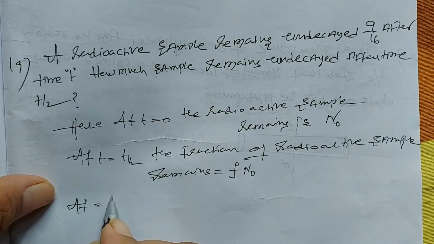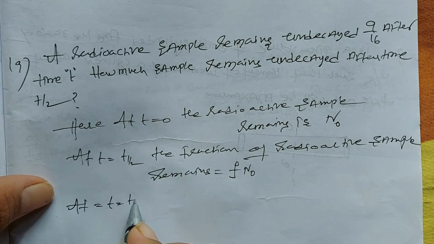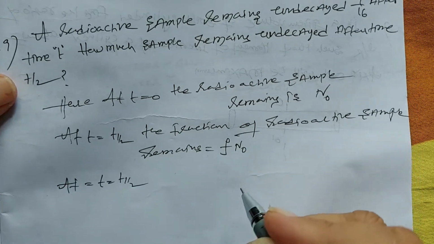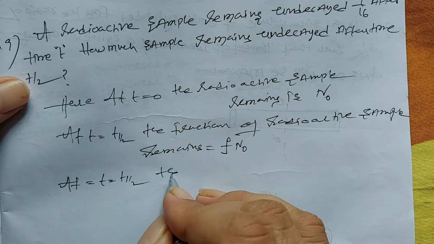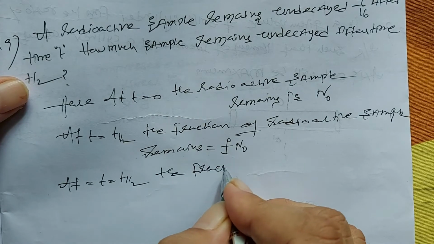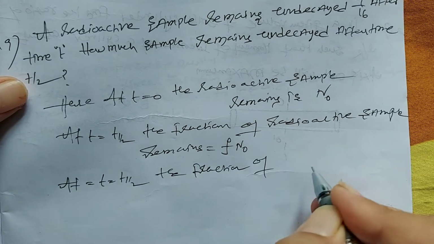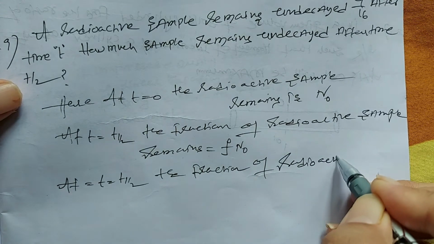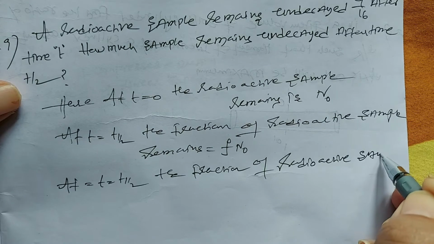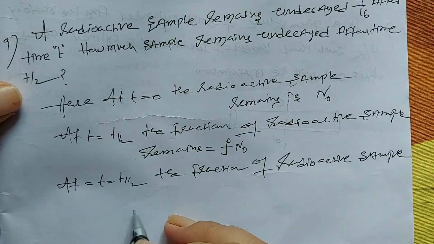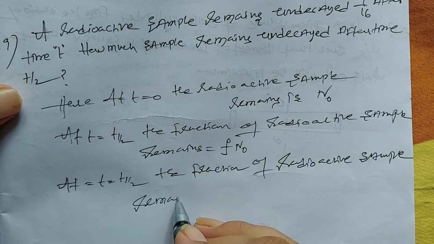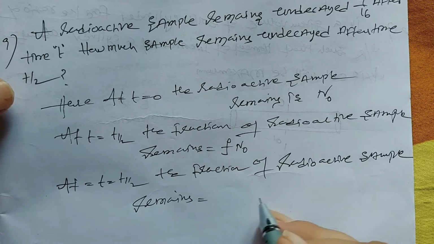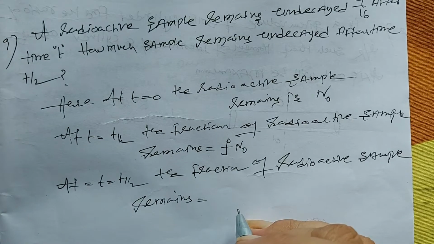At t is equal to t, the fraction of radioactive sample remaining is again f fraction of that.